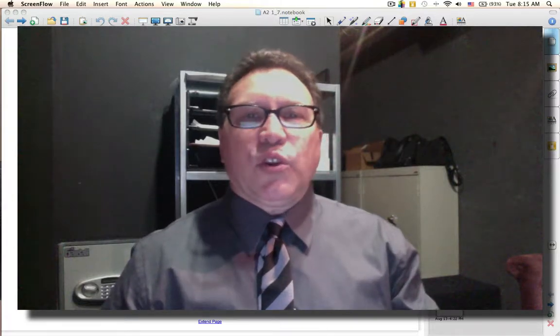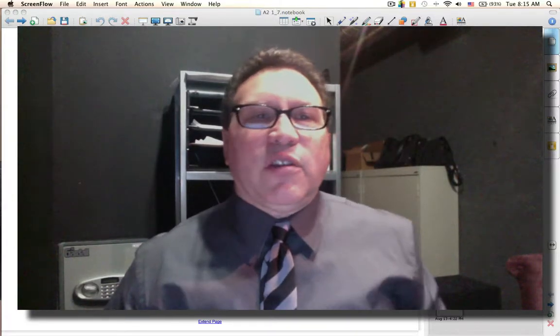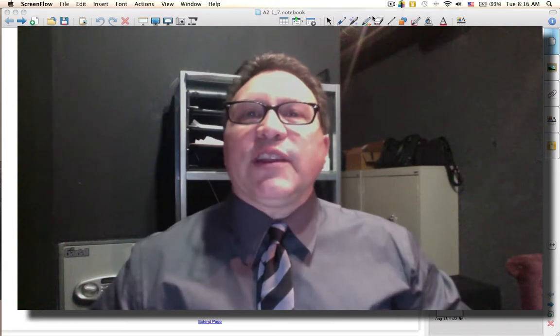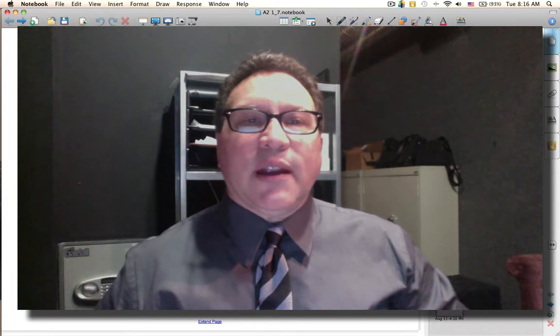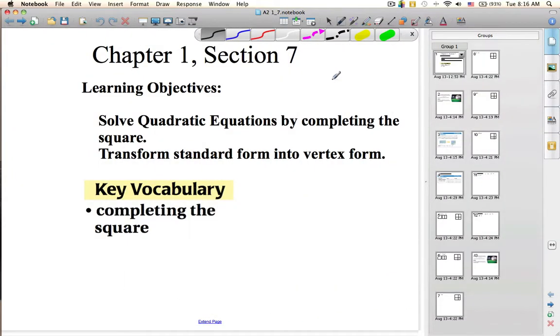In this section, we're going to work with a method of solving quadratic functions that can't be factored by completing the square. What completing the square basically means is I'm going to create a binomial on one side, squared.